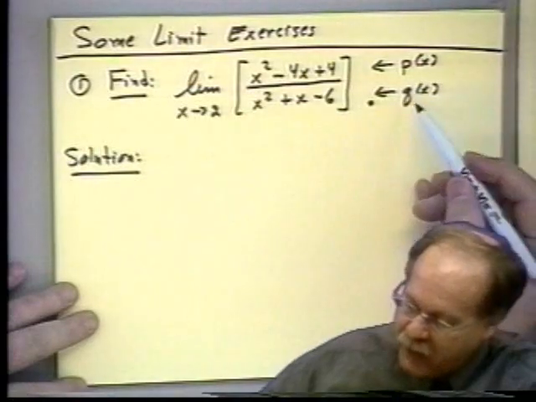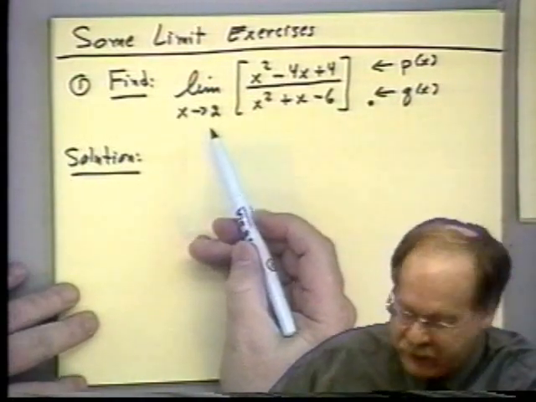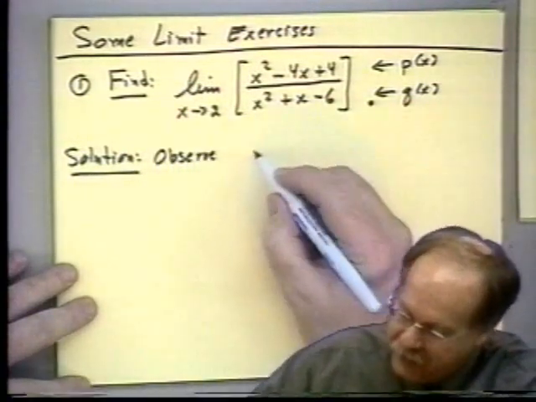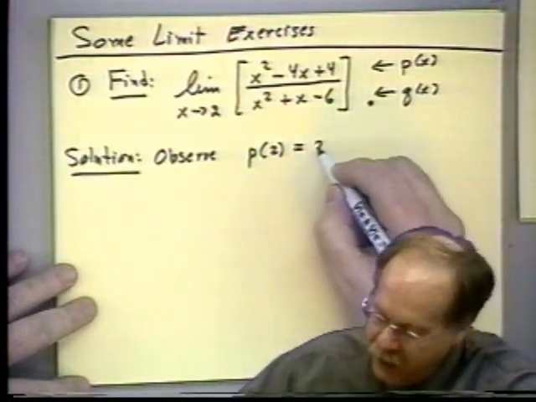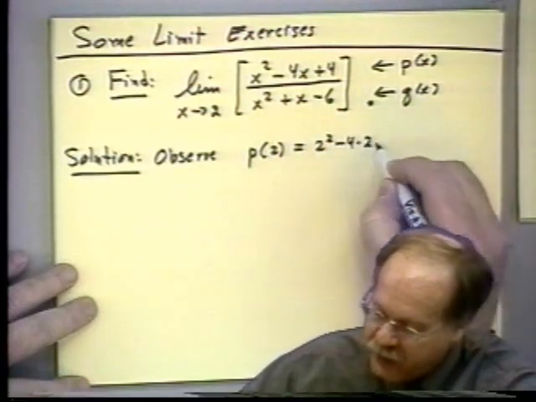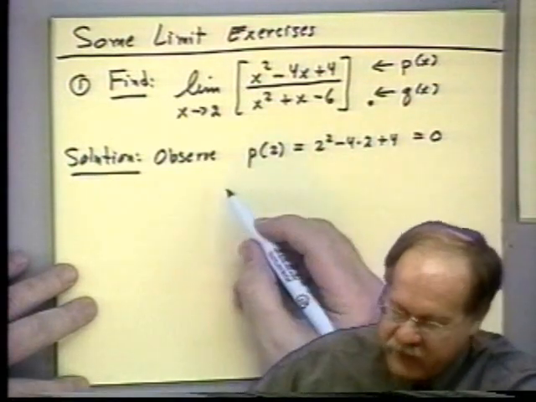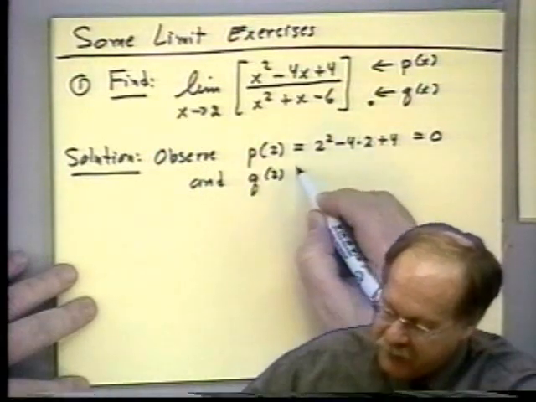Now in this case, let's go ahead and discover whether when x equals 2 we have that problem arising. So we'll observe the following. If I take p, the upper polynomial, and I substitute in 2, I get 2 squared minus 4 times 2 plus 4. That is 0. Okay, that's fine, no problem there. Now let's look at the denominator where problems might arise.